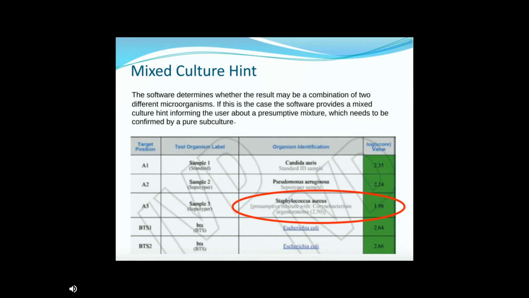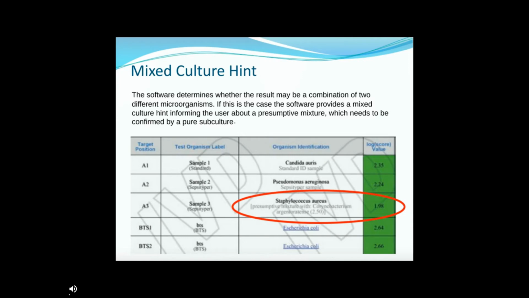We really only will use the MALDI and the Sepsityper if it is just one organism in the gram stain. Other places may do it differently. This is just what our algorithm is, and this is how we've set up our procedure. And like I said, typically we do not run into this. I think maybe we have seen this once since we've been using this system.